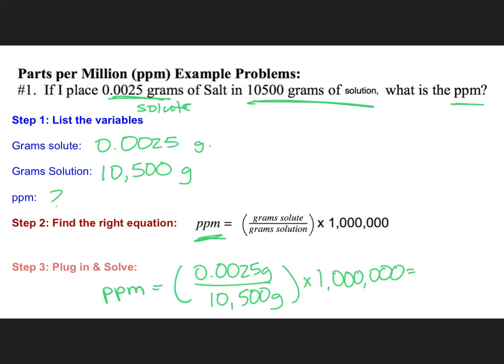Make sure you're using the right number of zeros, otherwise it can get messy fast. So for parts per million for this question, I have 0.238, and then I'll put the ppm there as well. That would be my answer for question 1. So you can see here we barely have any grams of our solute and we have a lot of solution. That is why we would use parts per million for this question.